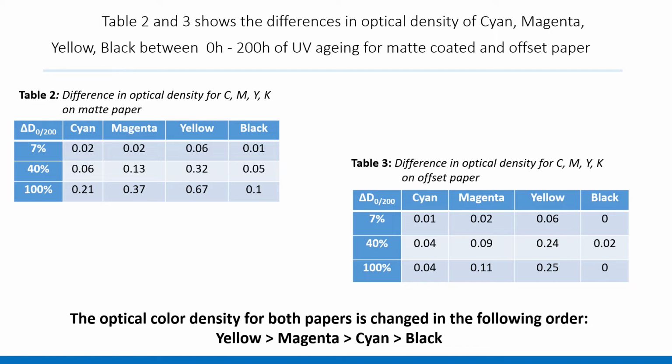You can see that especially in magenta and yellow there is a very big difference, and the optical density for both papers is changed in the following order. The first of course is yellow, then the second biggest changes are in magenta, after that in cyan, and after that in black.